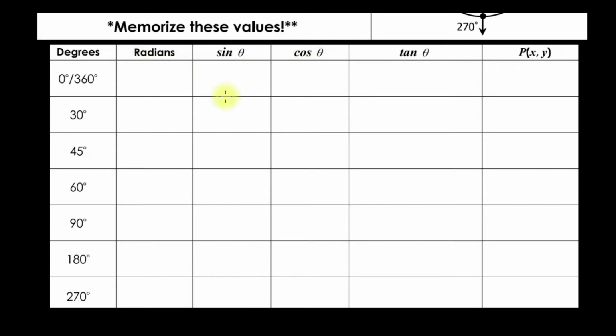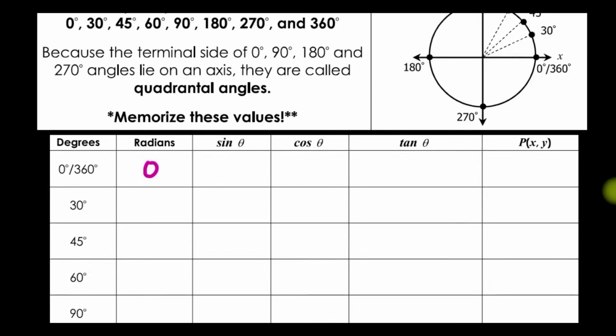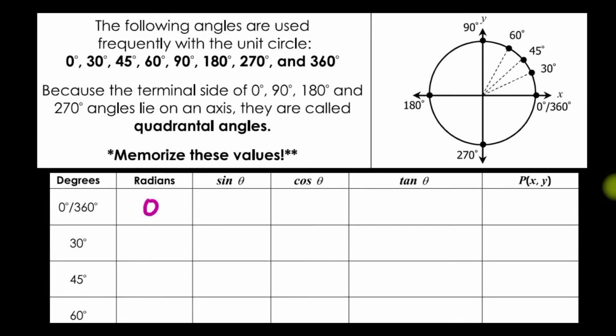First, we have to change degrees to radians. So 0 degrees, or 360 degrees, is the same as 0. So we go up to this unit circle. 0, 360 is right here, so the point is going to be 1, 0. So sine of 0 is going to be 0, because remember, this is your sine and this is your cosine.